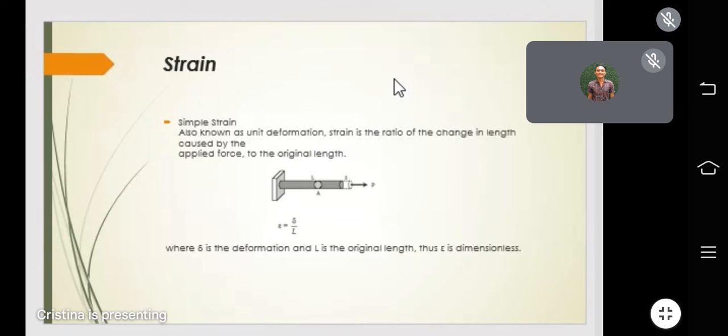When you release the rubber band, it returns to its original length. So that's what we call strain.